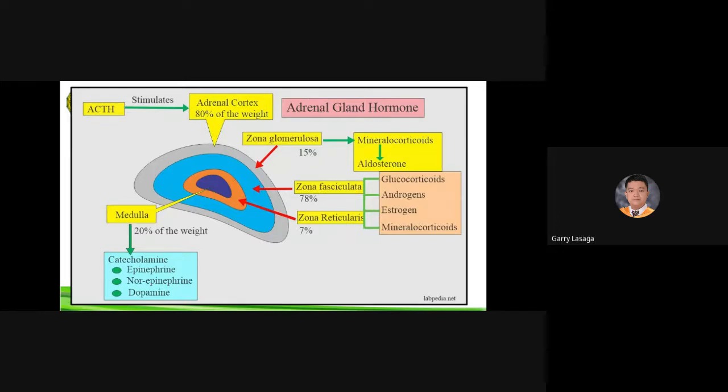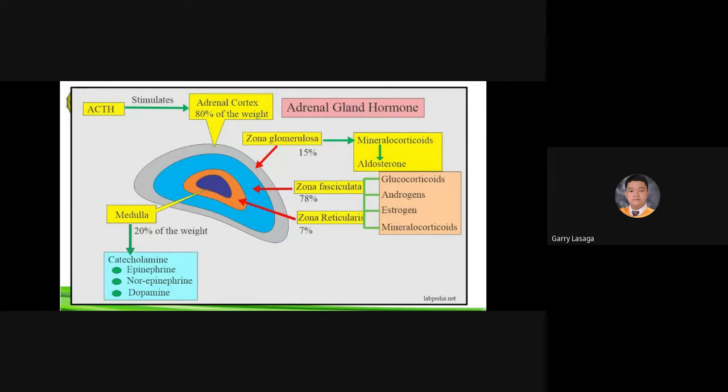So they are mainly produced from cholesterol. So the production of the adrenal gland hormones starts from the hypothalamus. The stimulus for the production of our adrenal steroids is the CRH, or the corticotropin releasing hormone.